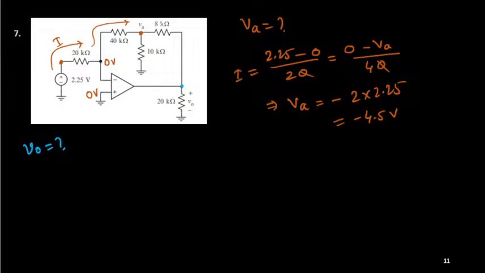Because the current to this side plus the current to this side will be equal to 0. So can I apply KCL here? That is your VA. So this side current is VA minus 0 by 40. Okay, so this is in milliamperes I am considering, always.